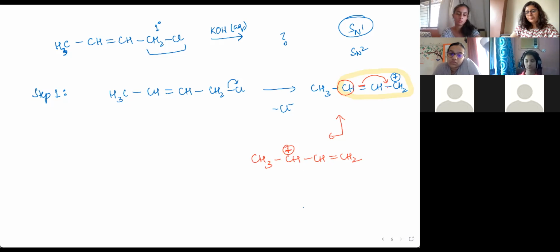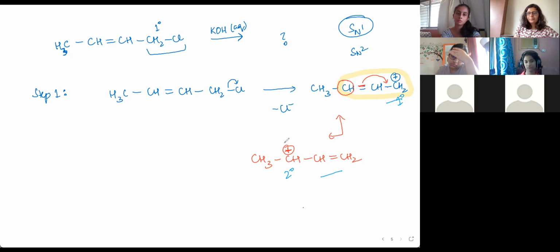Now, if you compare both these resonance structures, which carbocation will be more stable? Second one, right? You have a secondary carbocation as opposed to a primary carbocation.